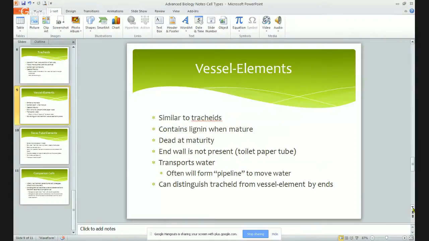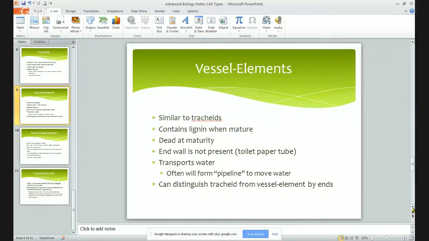Your vessel elements are similar to your tracheids, both in how they look physically and also in their function. So they're also lignified at maturity. They're dead at maturity, so you're going to have that big hollow inside where the protoplast used to be. The main difference between your tracheid and your vessel element is there is no end wall at the top and bottom.